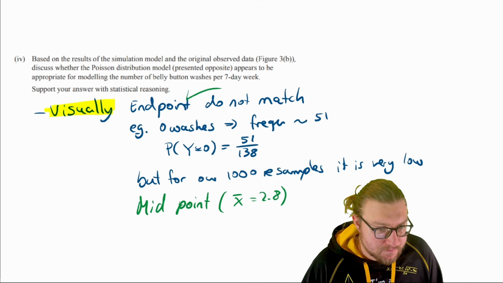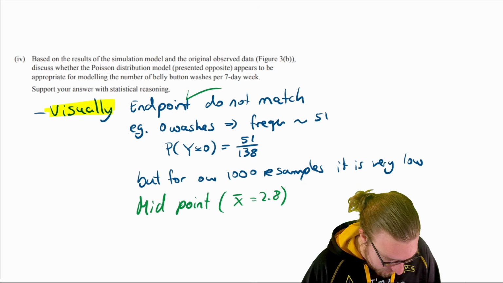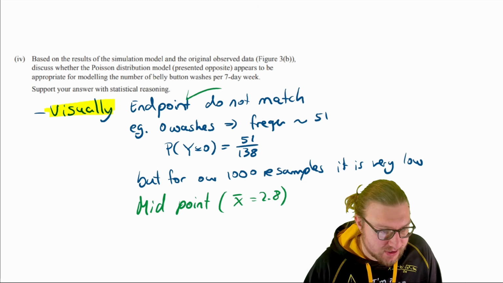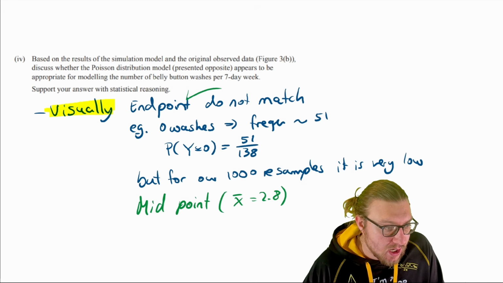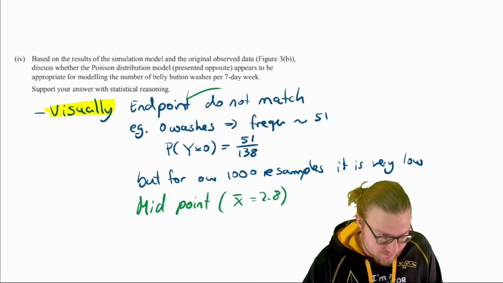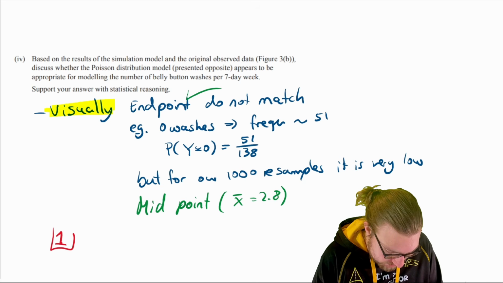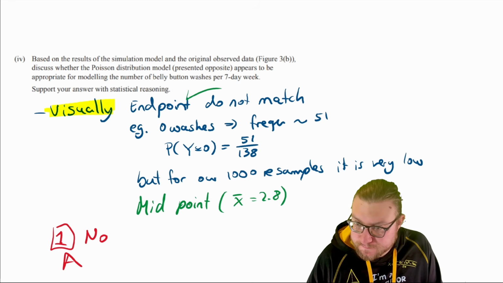Now, if you guys want to get a mark here, there's a lot of options. Just saying that it is not supported, it's not good, by any reason will give you an achieved. And I'll just say one reason or something, and saying no will give you an achieved mark.